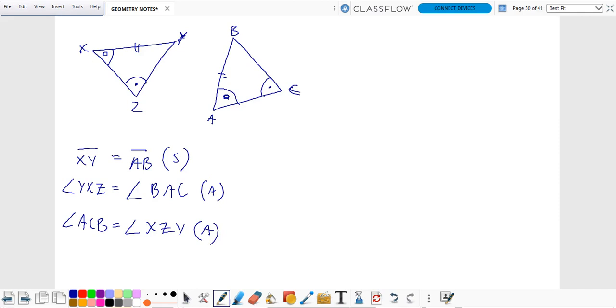So we've got our three tests that prove they're the same. AAS, so that means we will now go. In terms of naming it, I might just call this XYZ so people's notes are not affected. Okay, so triangle XYZ is congruent with, and this one will work as ABC as well. Okay, so triangle XYZ congruent with ABC because?